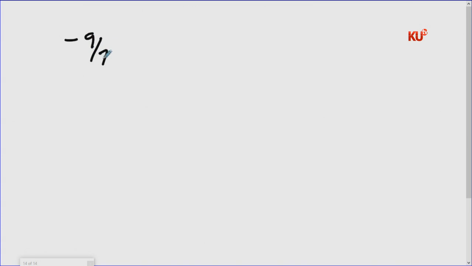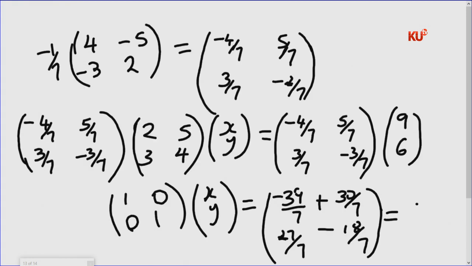And then if we work out the other side, let's confirm this multiplication.